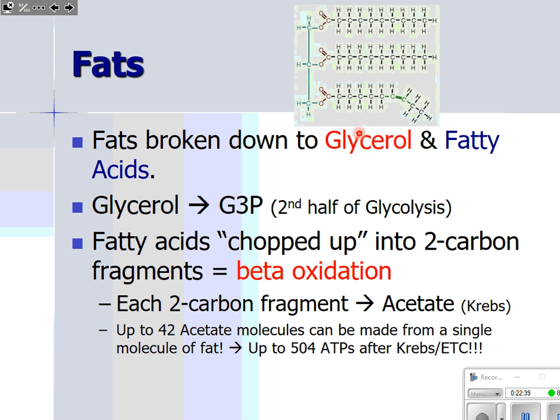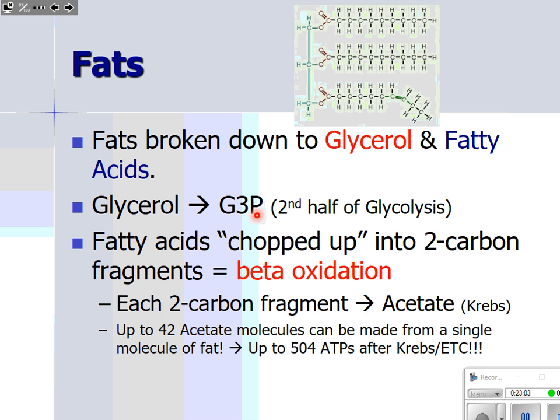Well, none of this is going to turn into glucose. But I could take these 3 carbons right here from this glycerol and I could turn them into a 3-carbon compound called G3P. The very same G3P that's normally made in the first half of glycolysis.